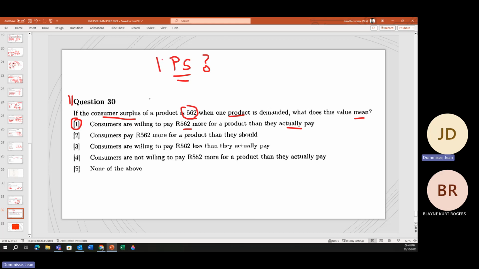So just check again what the definition of producer surplus is. Have an understanding of that and how that could be integrated into a question. Okay, then that is it.